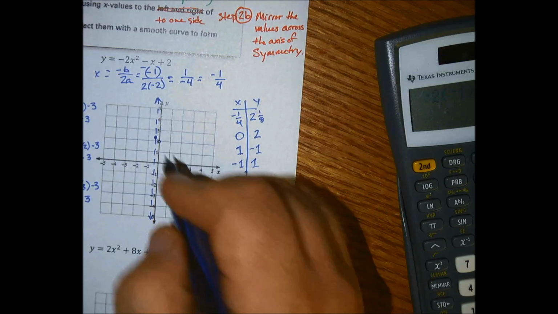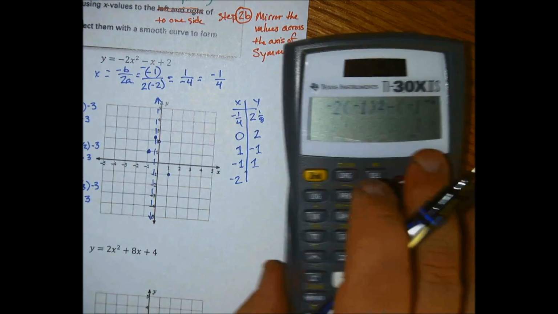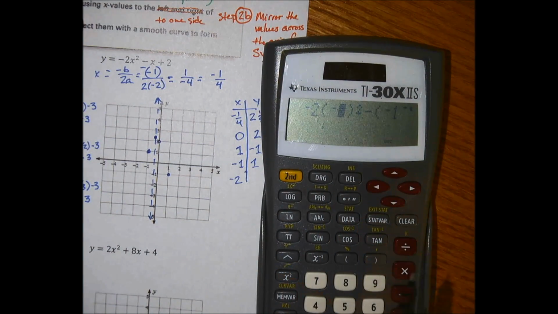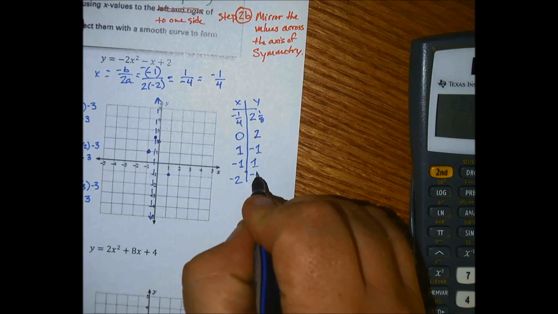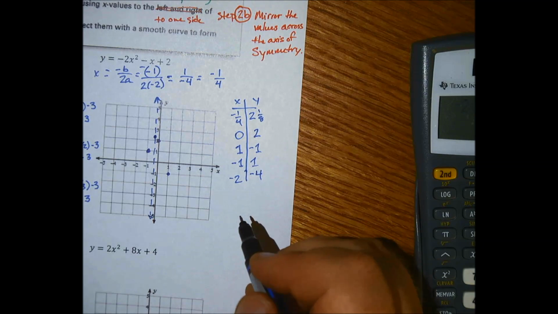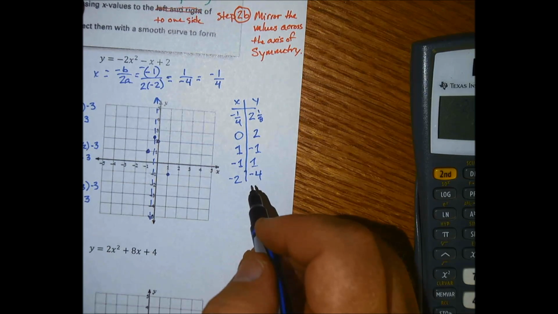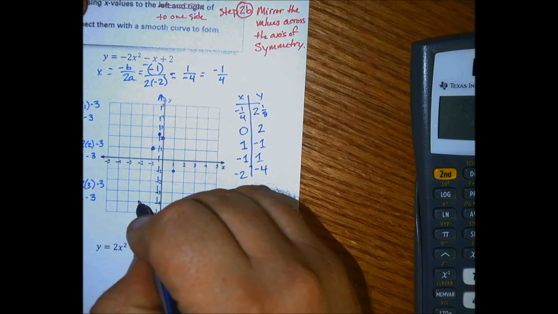So at -1, it's 1. It's right there. And at -2, it's -4. This is definitely something that you could have done by hand and even just talked yourself through, but it definitely makes life easier. And when you can use a calculator to help you, I always advise it.